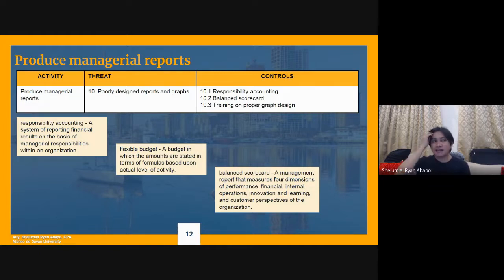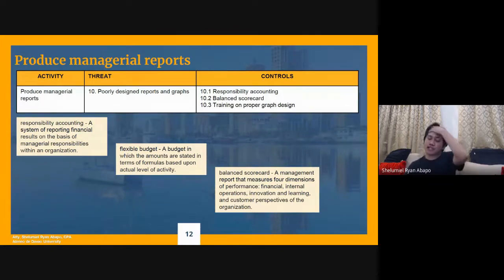Note that if you simply compare the result of a particular department versus the budget, it will result in a massive variance that is not reflective of the overall performance of that particular department, without regard to the variable component and the fixed component of a particular department.